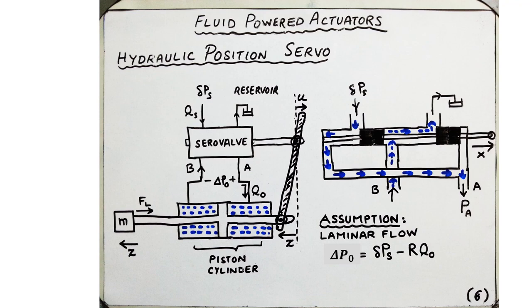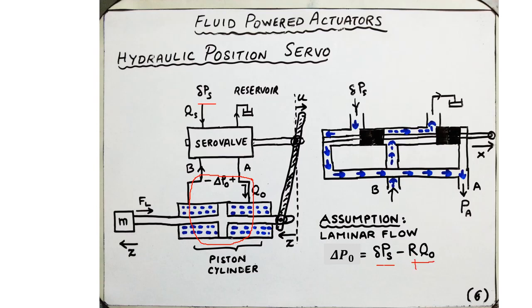The fluid flow is laminar. We can relate the fluid pressure difference applied across the piston cylinder, that is delta P naught, with the input pressure delta PS, using the fluid resistance expression for the laminar flow. In this case, we're going to subtract from delta PS, the input pressure, the pressure drop, which comes about due to the fluid resistance.